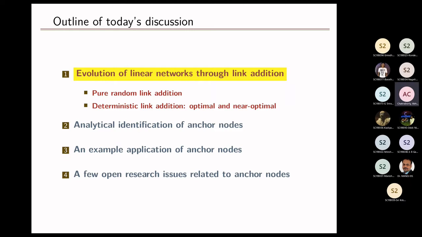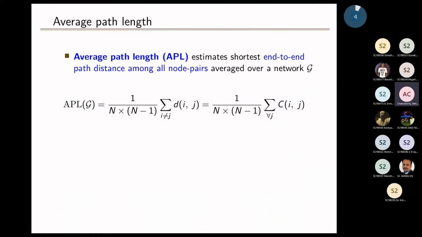But before starting that, as we will be using a metric called average path length to identify a pair of nodes where we can add a link, first let me describe in detail what average path length is.